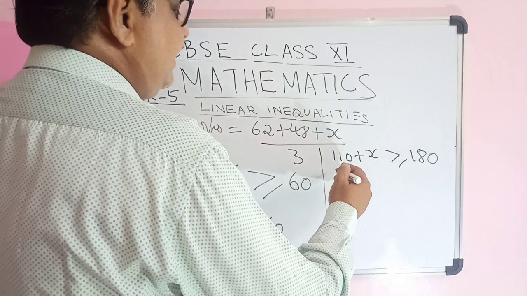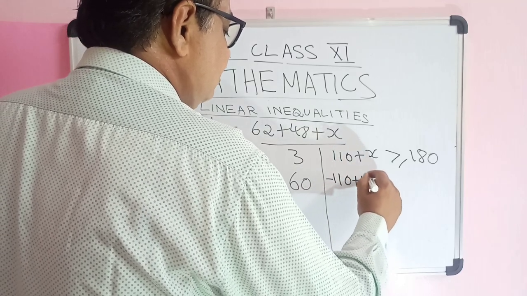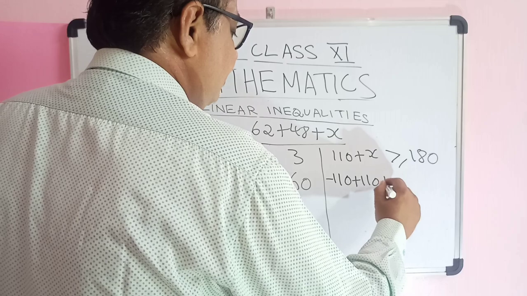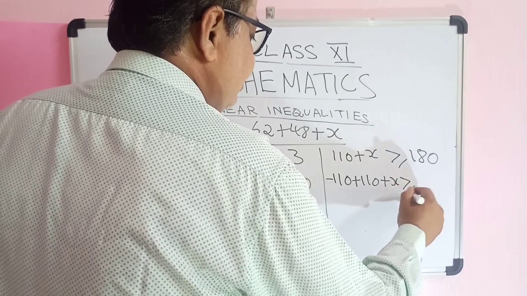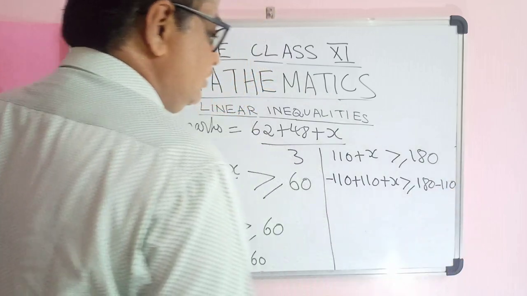So add minus 110 on both sides. Minus 110 plus 110 plus x is greater than or equal to 180 minus 110.